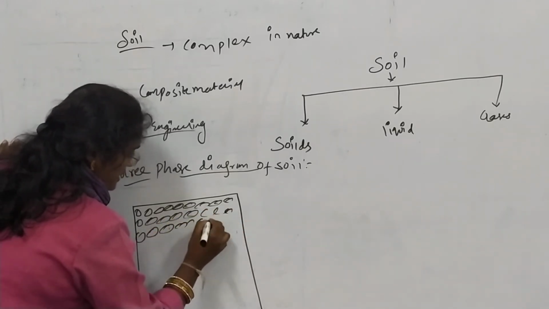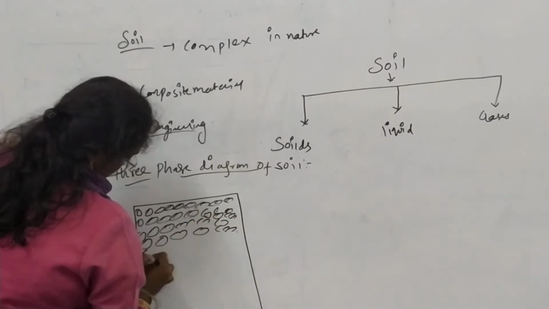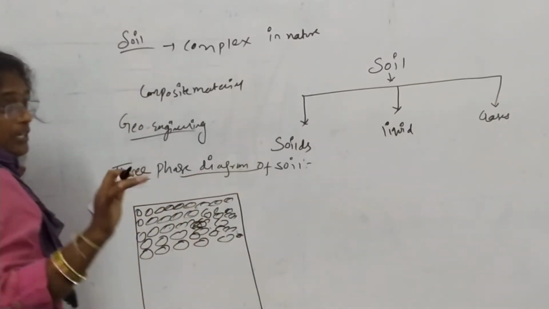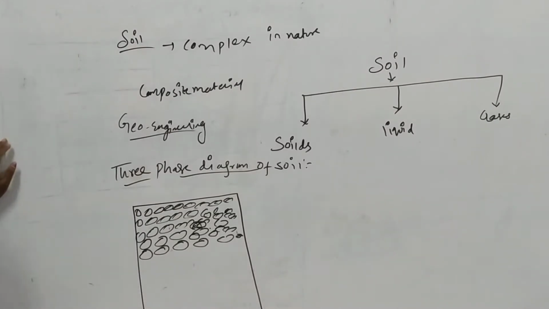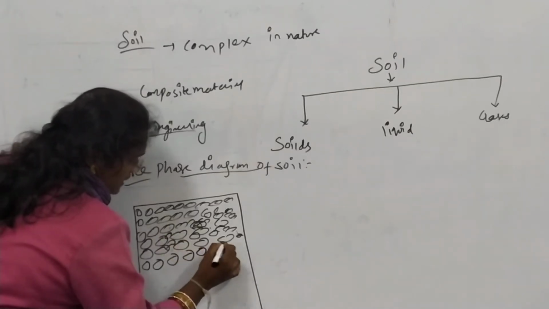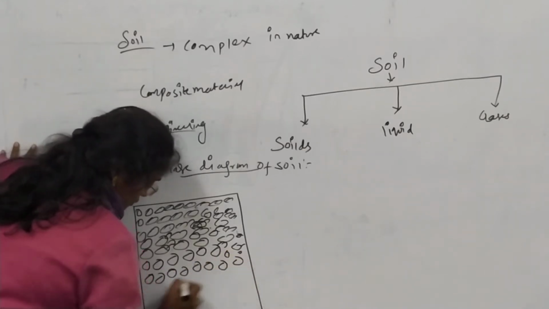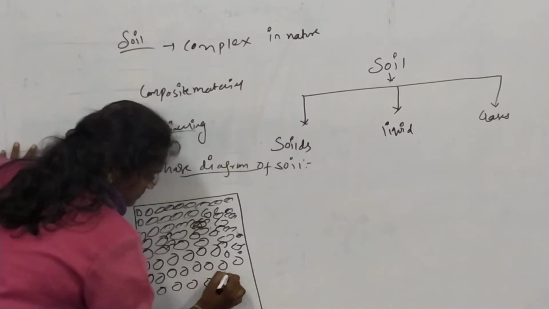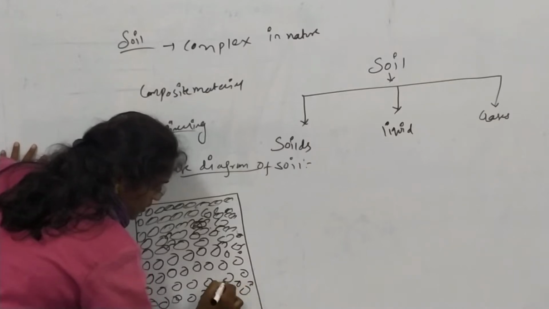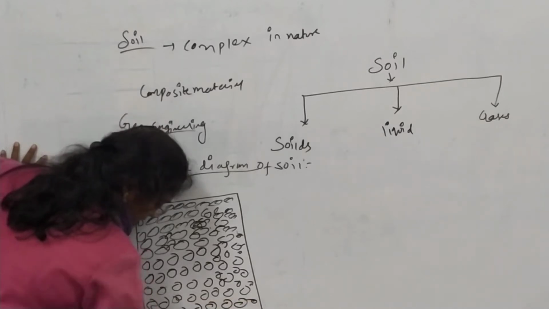These are the soil solids. If we break that complex material, then the terms consolidation and compaction come into the picture, where we remove all the voids which are present inside the soil samples.